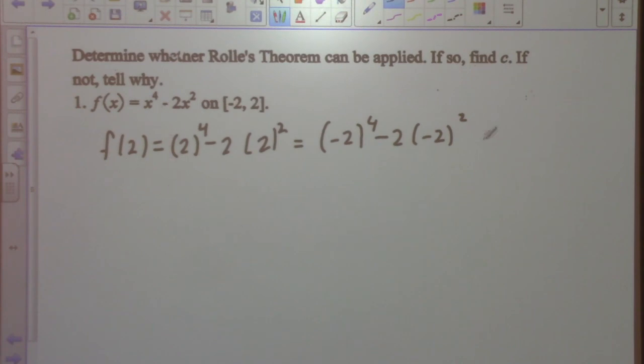So f of B equals f of A, so it says if so, find C. And by the way, since f of B equals f of A, Rolle's theorem applies. So I want you to go ahead and find C.